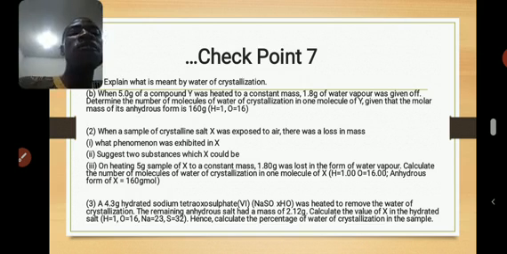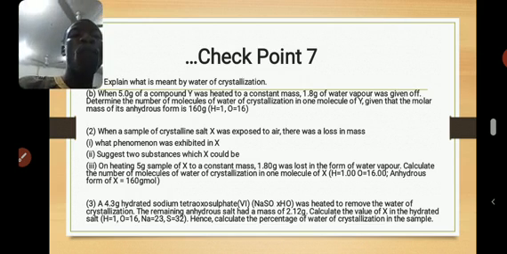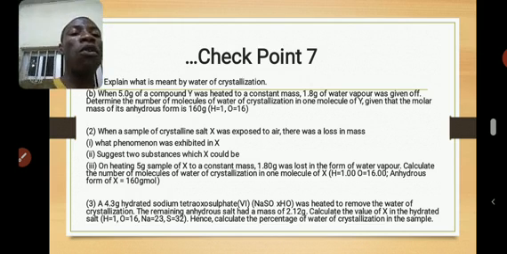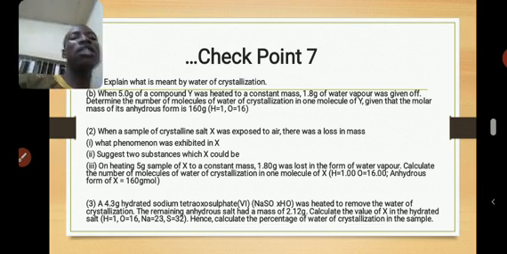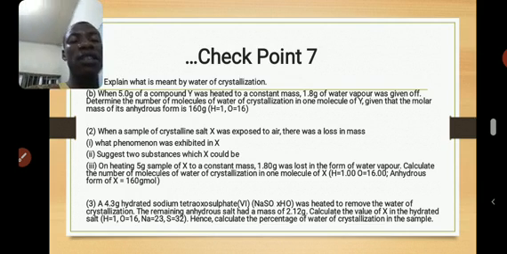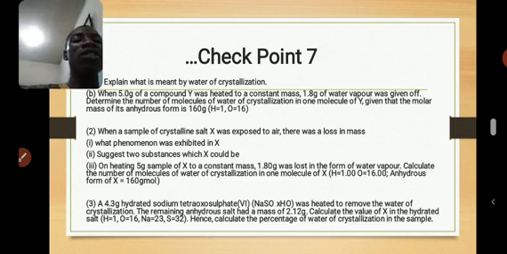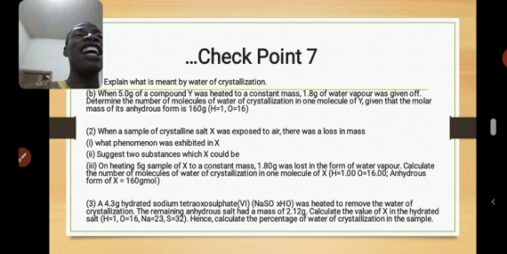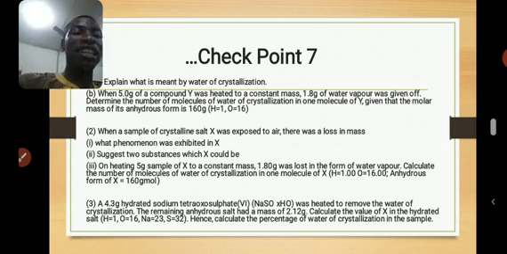They said on heating a 5 gram sample of X to constant mass, 1.8 gram was lost in form of water vapor. This question and the other one are actually questions that came out in different years. But if you apply sense, you will see that they resemble each other if put together.